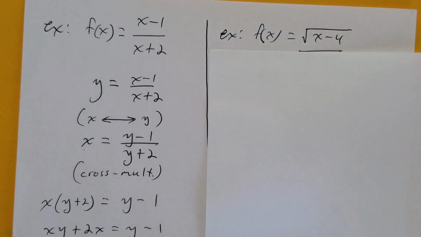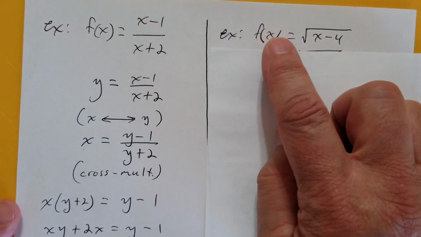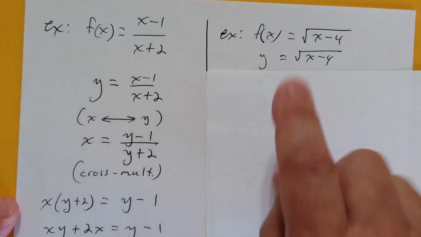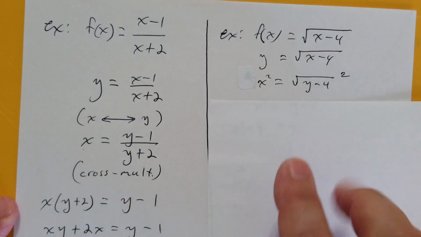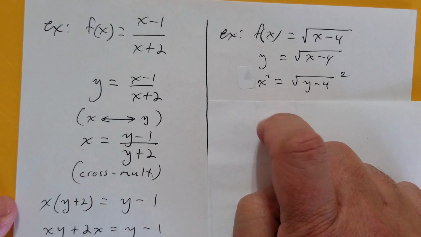Okay, so this function says f of x equals square root of x minus 4. So first we change that to y. Then we switch places, right? Oh, I see.